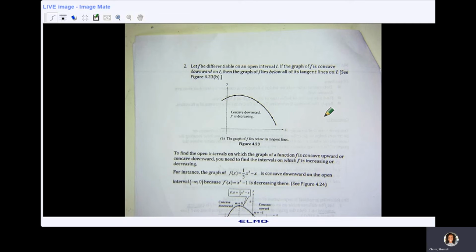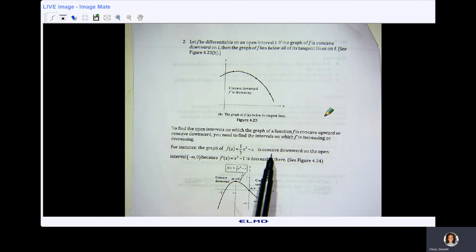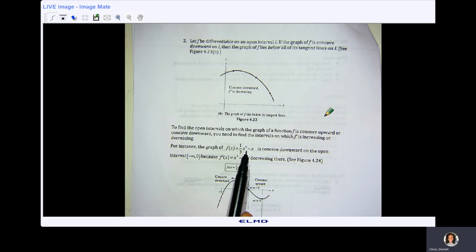Okay? For example, the graph of this cubic function, 1/3 x cubed minus x, is concave downward on the open interval negative infinity to 0 because f prime, which is the derivative of f, is decreasing there.